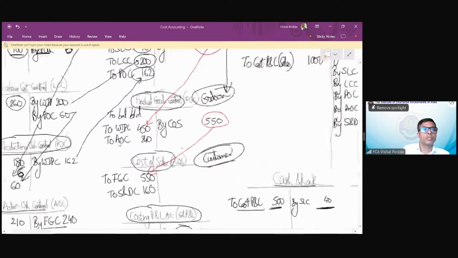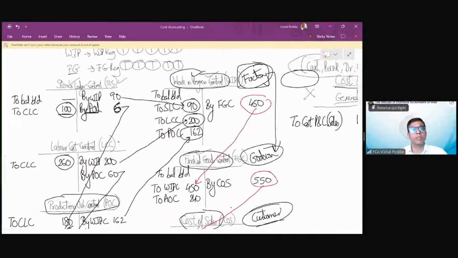I'll go to each account separately. First, I have the materials account, which is called as the stores ledger control. Now, in this stores ledger control, you had opening balance of material, you had purchase, you have material consumed. What will happen?